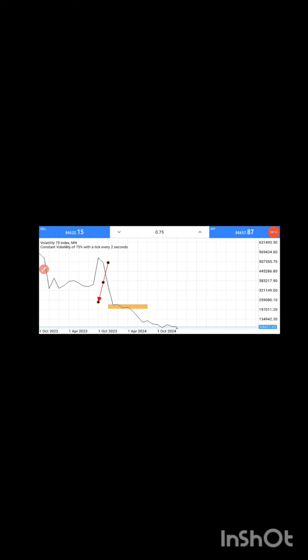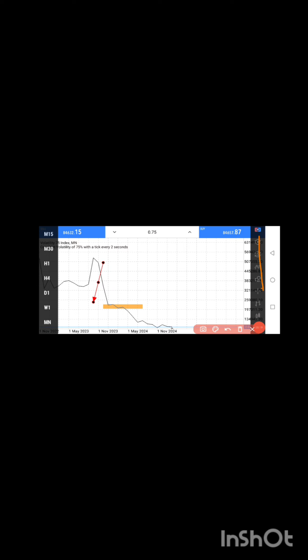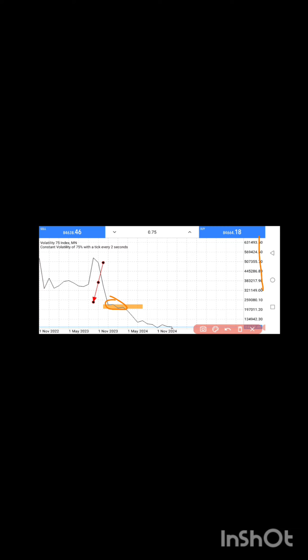When we have this action, the market creates a block. So this is a block, right? A block looks like this.